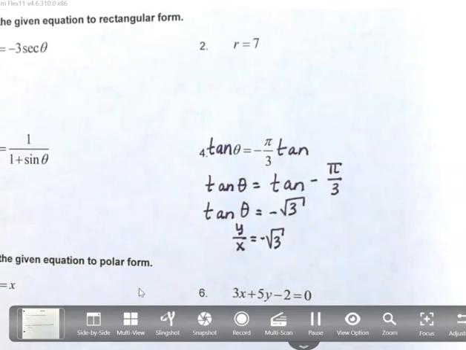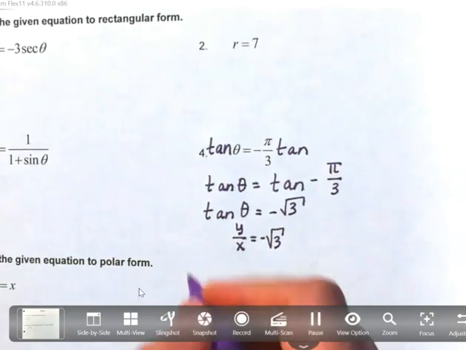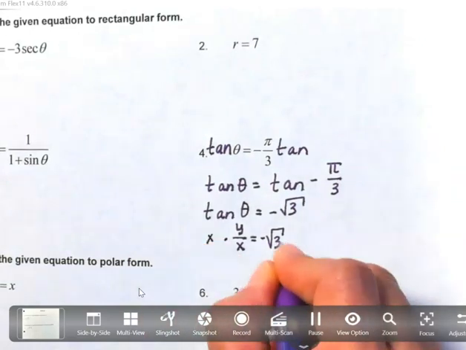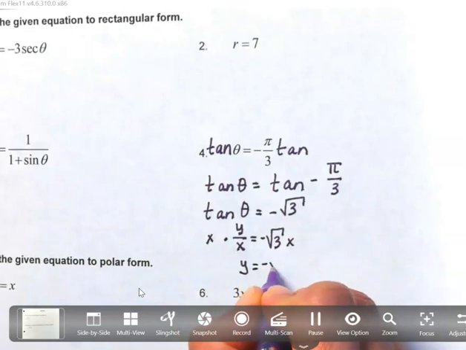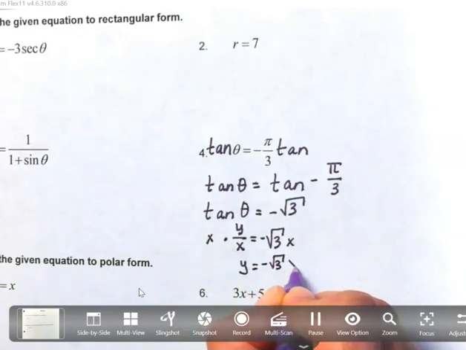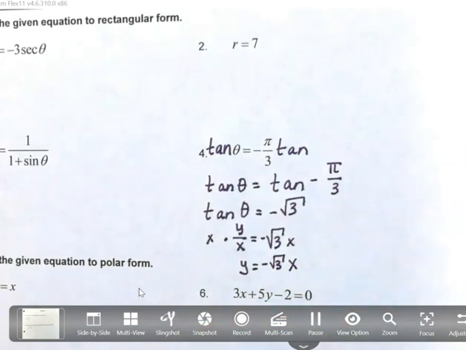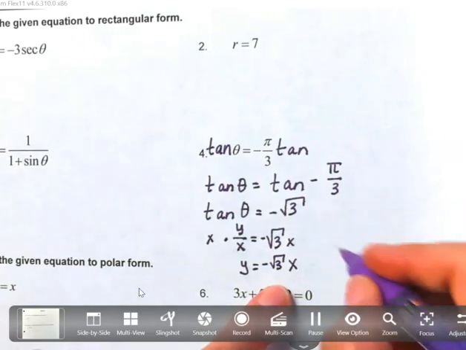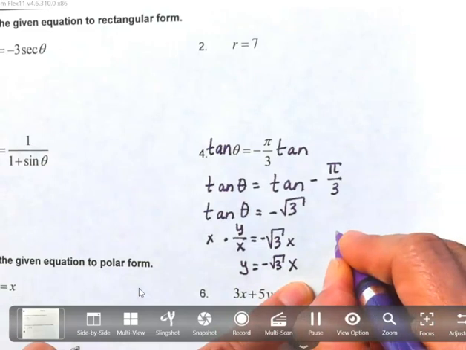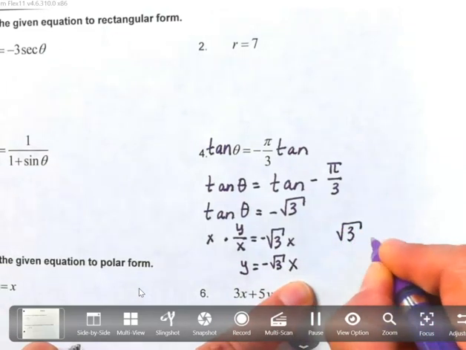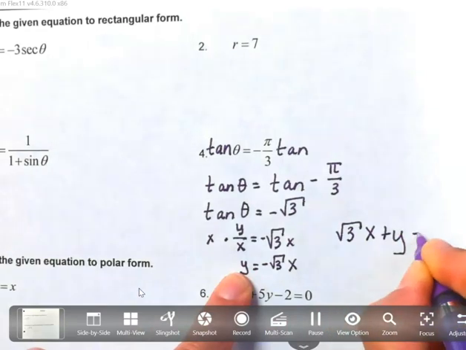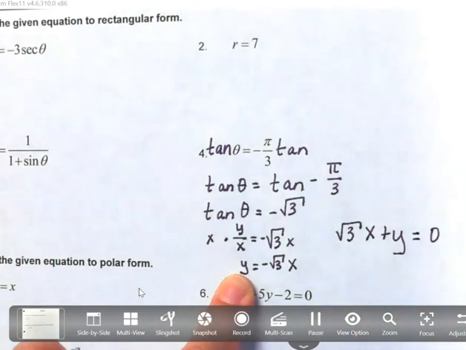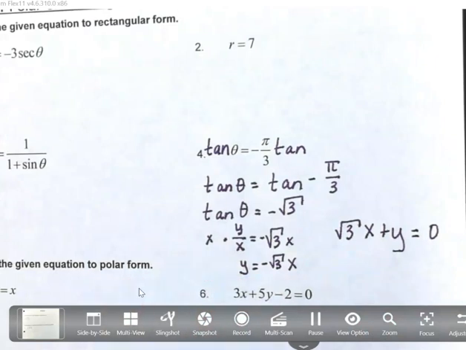We're going to multiply both sides by x, because it's a denominator. So y is going to equal negative root 3 times x, and then move it over. So no fractions, y'all. Our final answer is going to be positive root 3 x plus y equals 0. That's your clean answer for that.